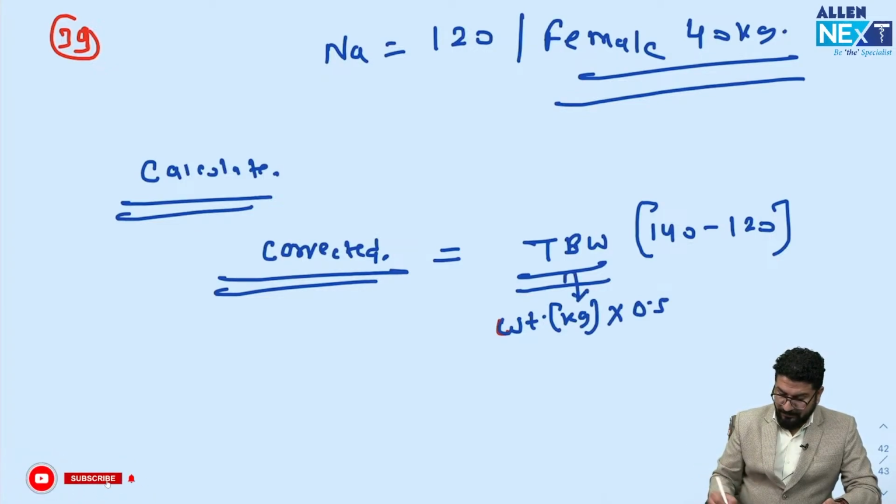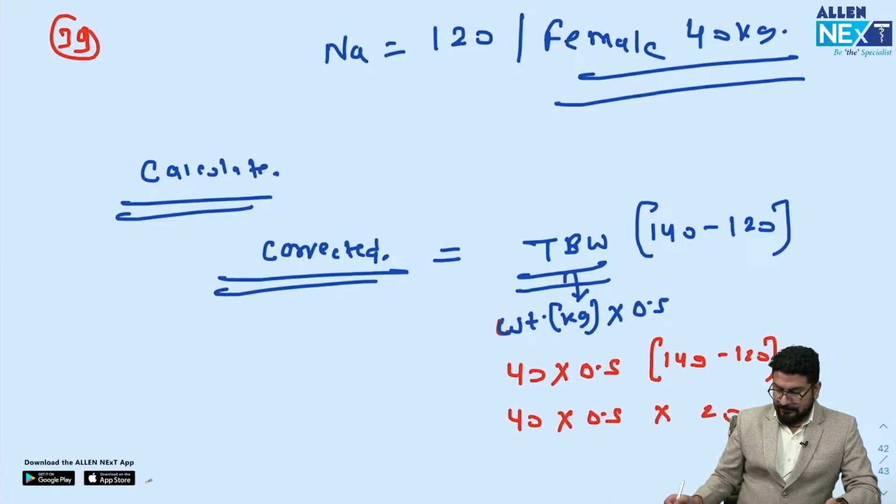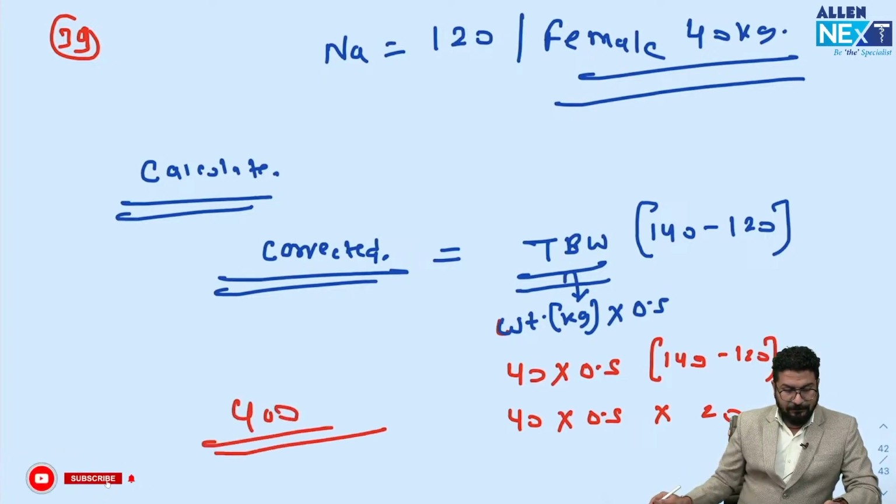So 40 into 0.5 and 140 minus 120. You can write 40 into 0.5, which is 20, and 20 into 20 will be around 400. So this was the question on correction of sodium, or IV fluid that we should give. That is 400 per day. Correction per day.